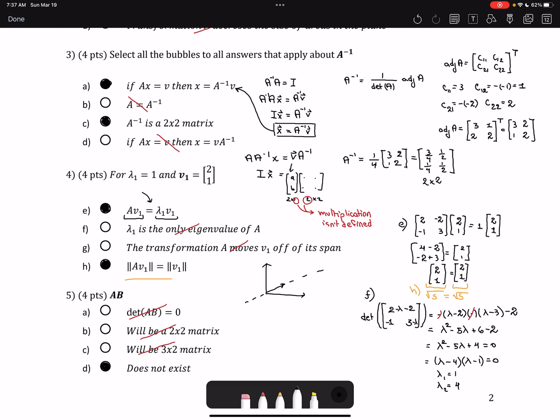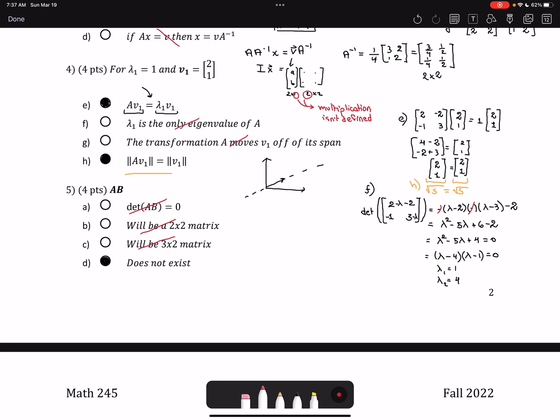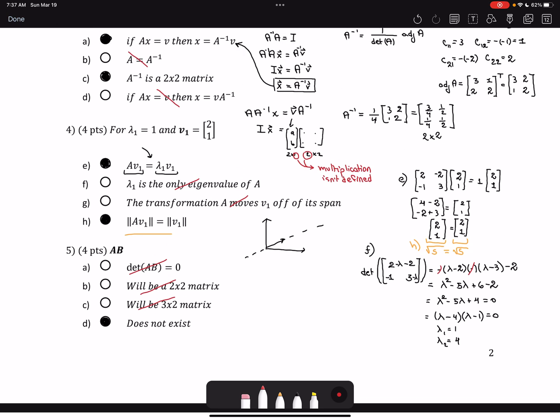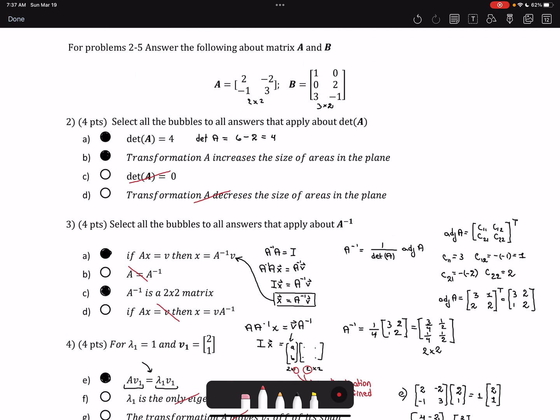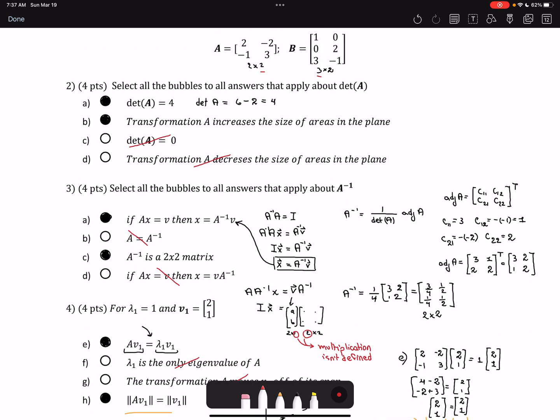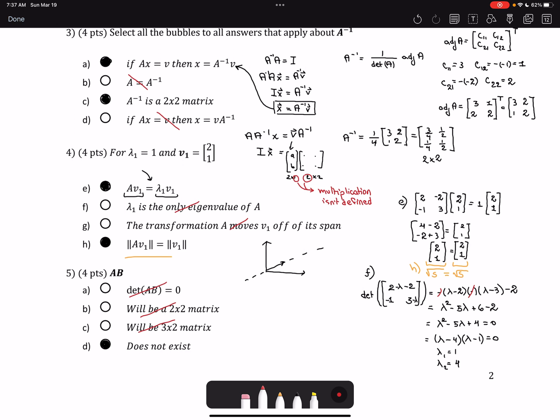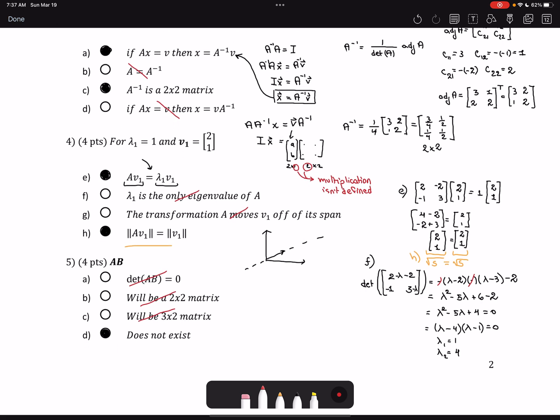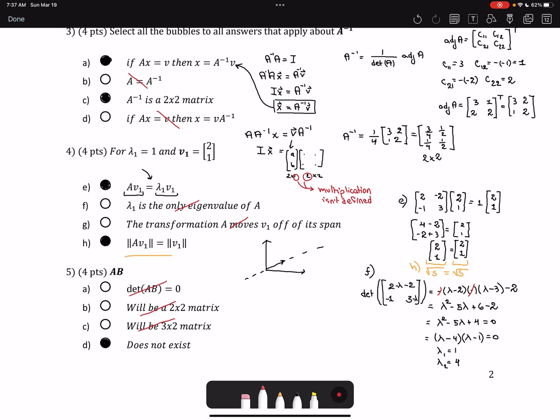That was E, which is right here. And we have H, and it also seems that H is correct. So this one we might want to check, ask someone. And then AB does not exist because the dimensions are different. And these 2 have to be the same in order for the operation to be defined. Had it been BA, then it would have been okay. All right, I'll keep going in a different video.